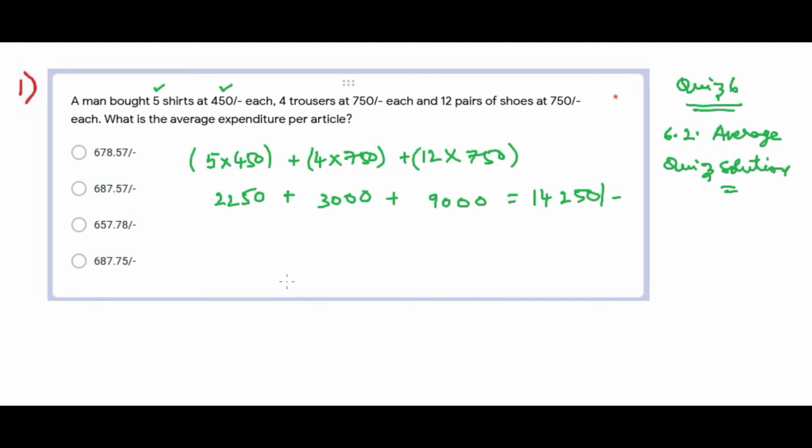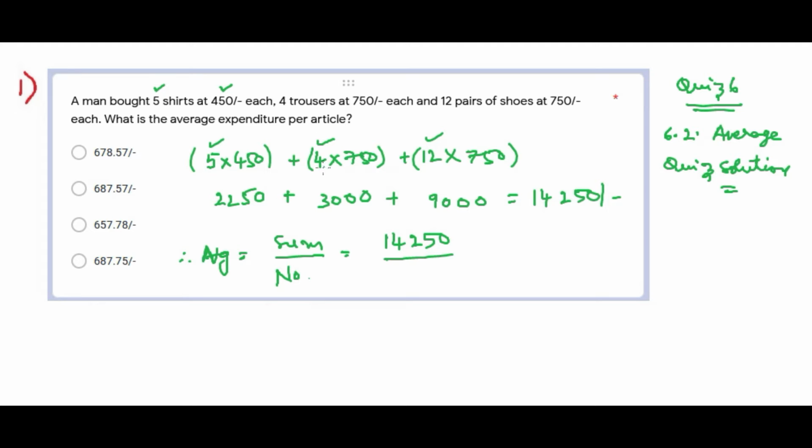Now we need to find the number of things. Now I can directly write the formula. Average is equal to sum of the observations divided by number of observations, which is 14,250 divided by the number of observations, 5, 4 and 12.